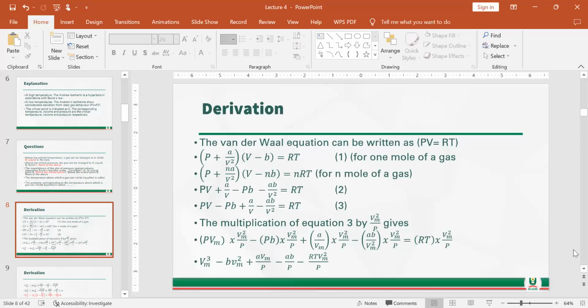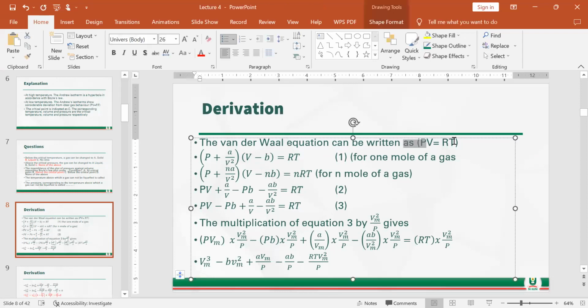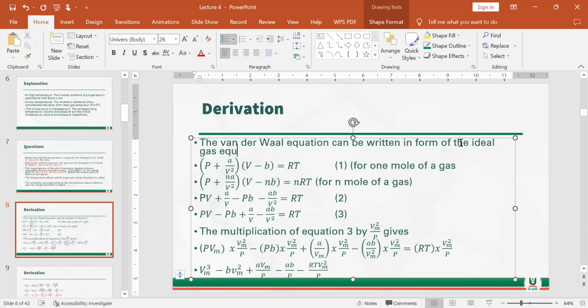The van der Waals equation can be written in the form of the ideal gas equation.